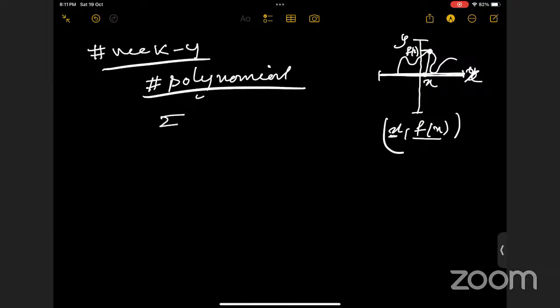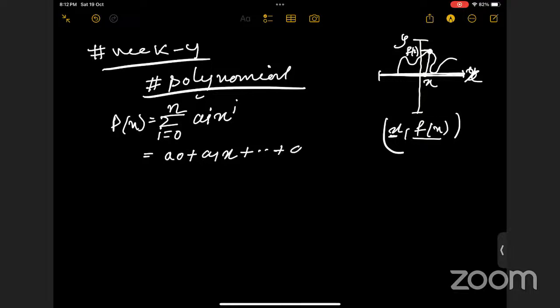In general we can denote it with p(x). Polynomial is basically a kind of function of x, that means in one variable. This is the general expression of a polynomial. We can also write it as a0 + a1x + up to an x^n.